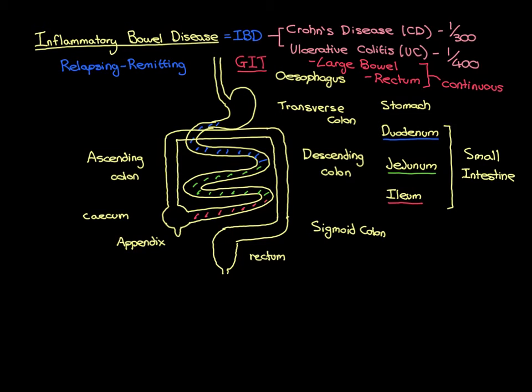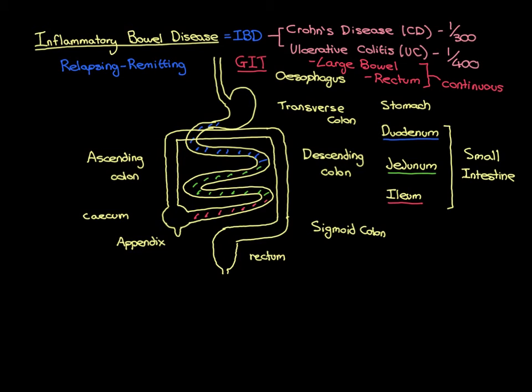So if it affects the rectum and it affects this bit up here, then all of the bit in between would have been affected as well. So you have only one great big continuous patch of intestine affected by ulcerative colitis. So the inflammation that occurs in ulcerative colitis occurs in these lower portions of the gastrointestinal tract, and it occurs in one great big continuous area of the intestinal wall, which is different to Crohn's disease.